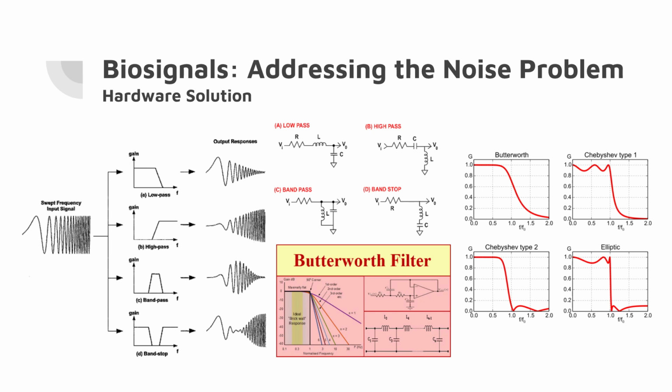You're going to get a flat frequency gain in the region that you choose to allow to pass. So for low pass, you let low frequencies pass, and anything outside of that region gets reduced, but not quite as quickly as, for example, a Chebyshev filter. The thing about a Chebyshev filter is that there's often ringing in the pass band, which is what we refer to when we talk about the bands that are allowed to pass, and outside of that region sometimes as well in certain filters.